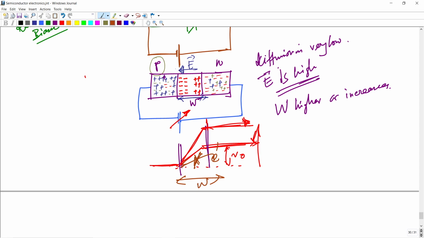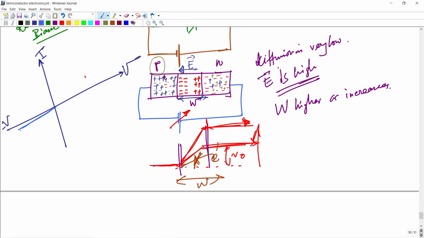That small current is due to minority carriers, which means drift current. Now the IV characteristics in this configuration look like this: V is now negative, and we get a small amount of current here.